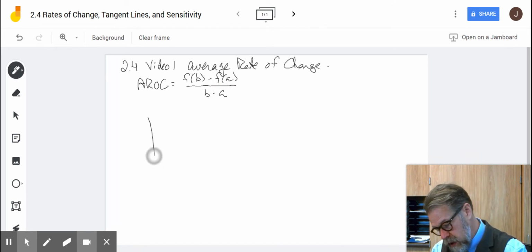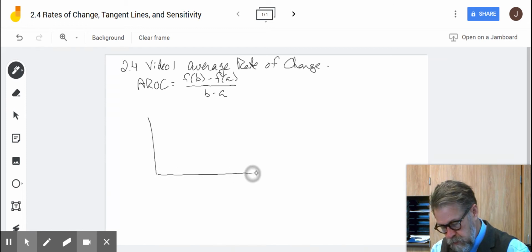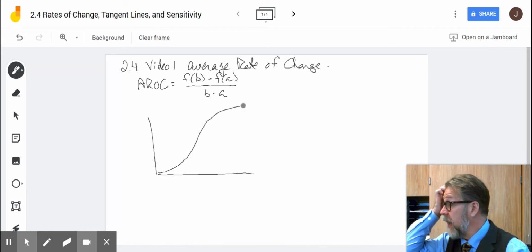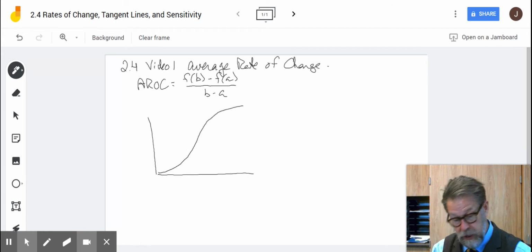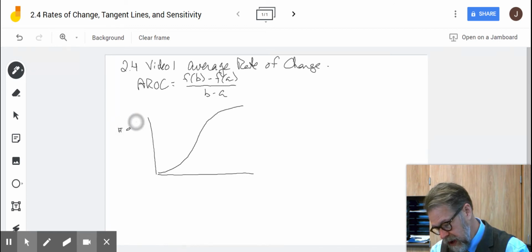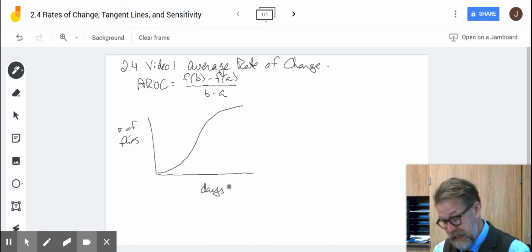And if we look at a problem, what we've got here is some curve. In this case, it actually represents a fruit fly experiment. This is the number of flies, and this is the days. You guys may have actually done this experiment in your science classes.